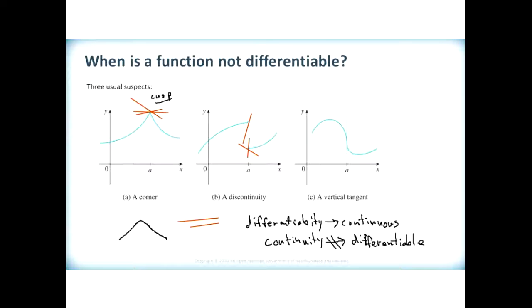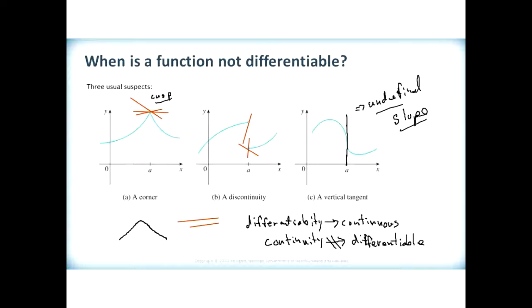It can be a limit, but it's not a number. So there's no value for the derivative in a case like this one, because we know that it's a vertical tangent line. And if we have a vertical tangent line, what that means is we have an undefined slope. So if we have an undefined slope, then we also have an undefined derivative. So we're not differentiable here.